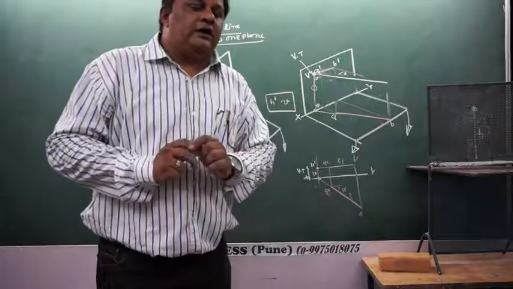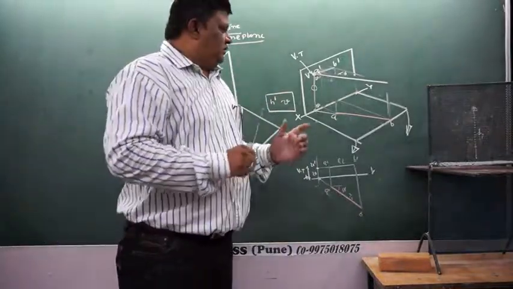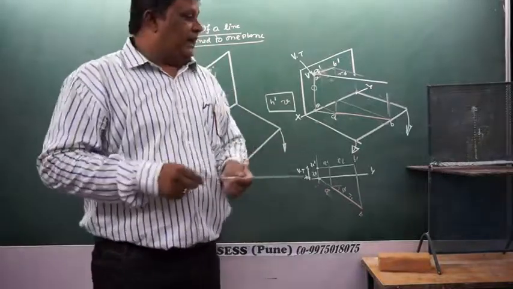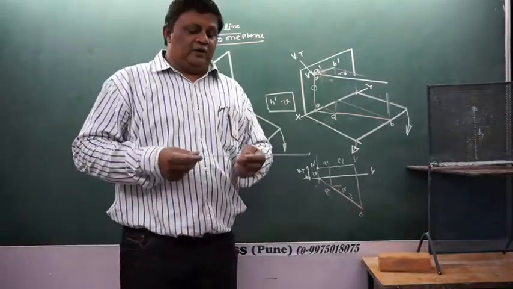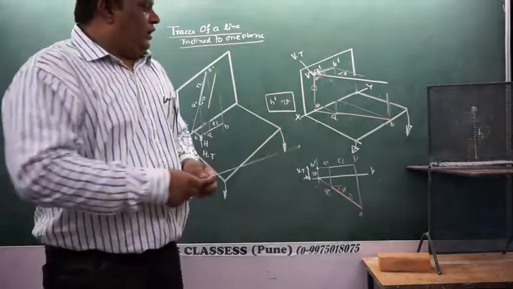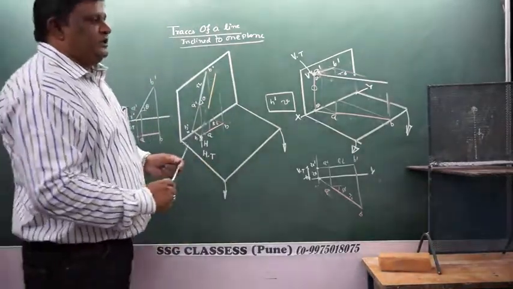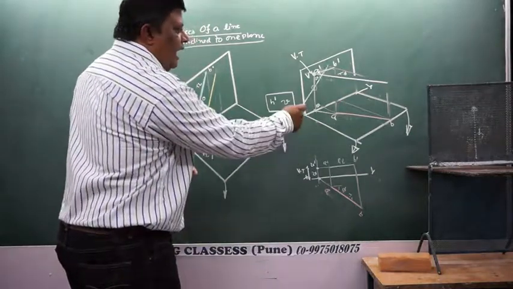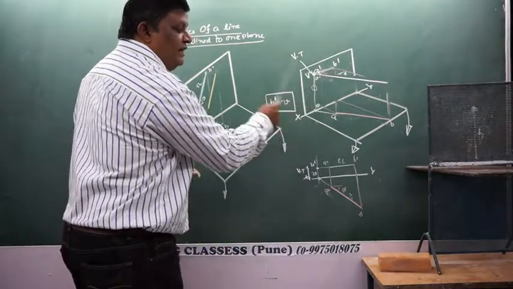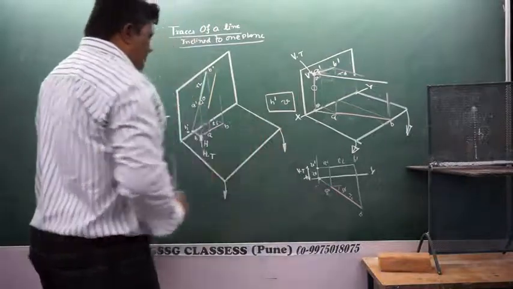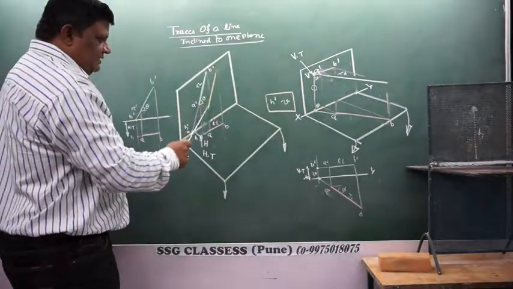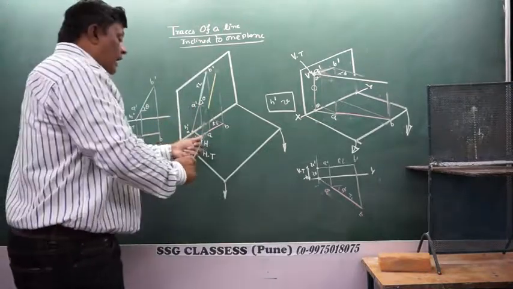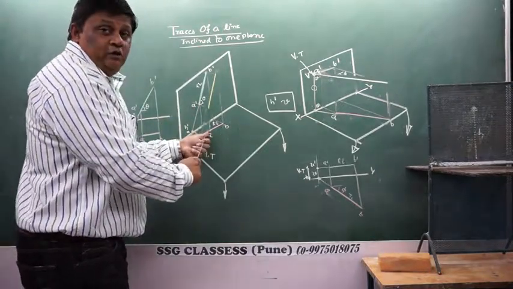Okay, now before concluding this particular topic and this chapter and starting the line inclined to both the planes, let me tell you a very interesting fact. If you look out here, when the line was inclined only to VP and parallel to HP, I had a reduced front view, whereas in this case, when the line is inclined only to HP and parallel to VP, I had a reduced top view.